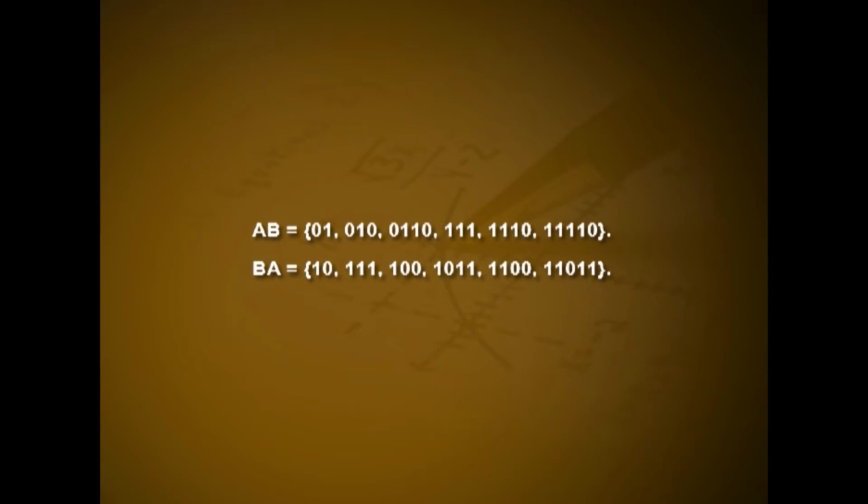The set BA contains every concatenation of a string in B and a string in A. Hence, BA is the set {10, 111, 1100, 11011, 1110, 11111}.